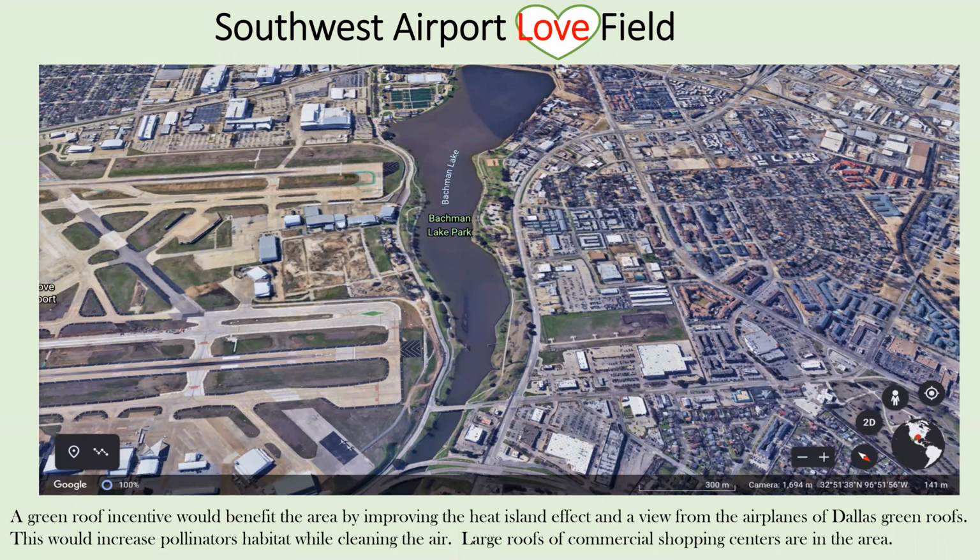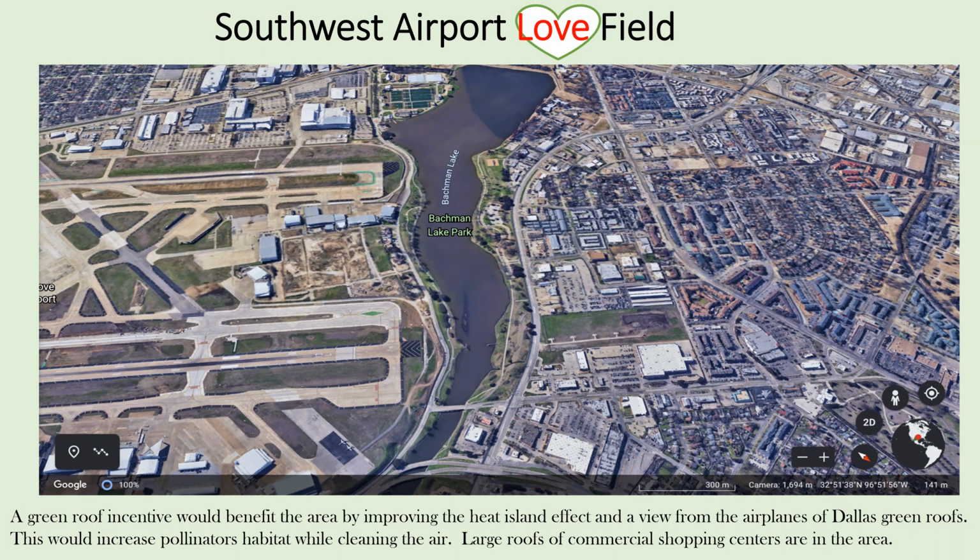A green roof incentive is something that I would like to encourage to reduce the heat island effect and increase pollination, with space for honeybees or pollinators and native plants on roofs. That would also mean renovating current buildings, or tearing down old buildings and building new buildings that can have green roofs.